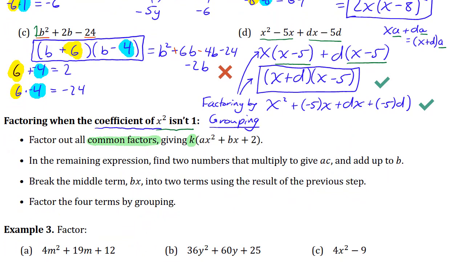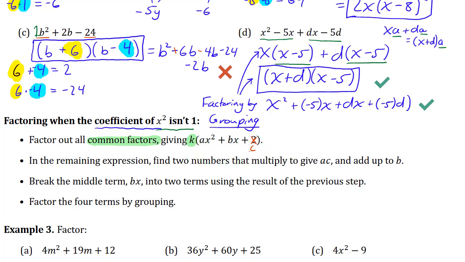And then in the remaining expression, let's find two numbers that multiply to give a times c. Oh, this is supposed to be a c here. So I'll have to fix that. This is supposed to be ax squared plus bx plus c.